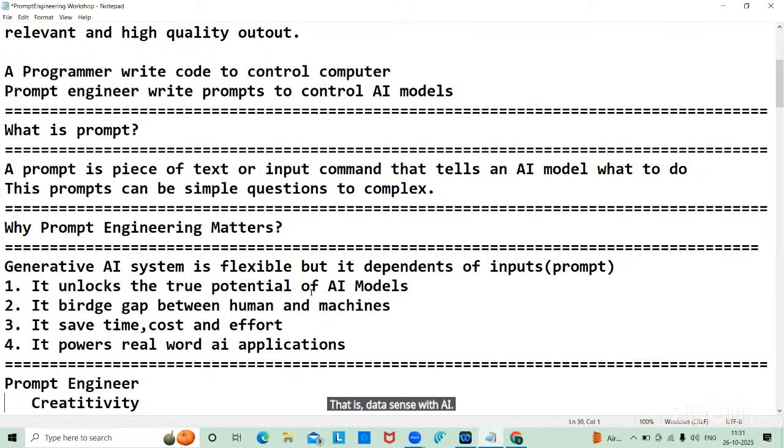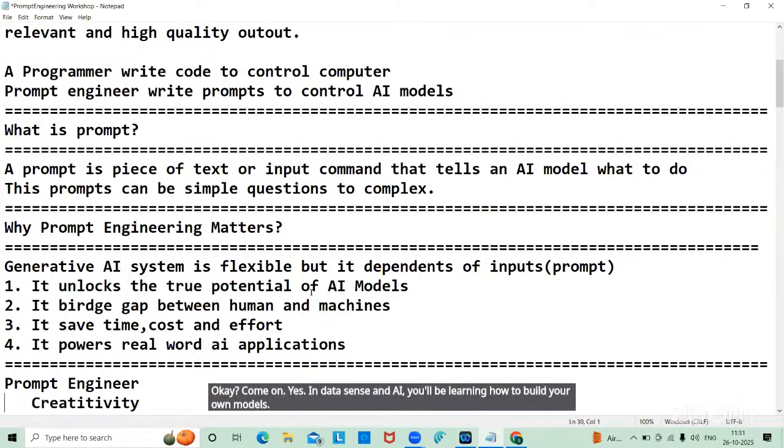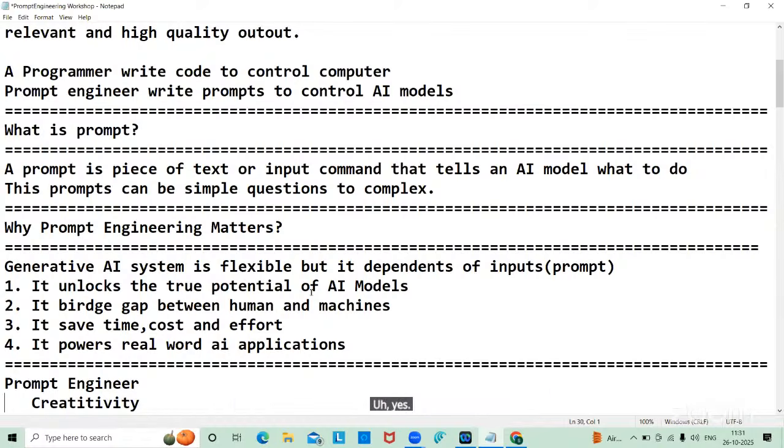In data science and AI, you'll be learning how to build your own models. So who's giving prompts? Everything is not done by AI.